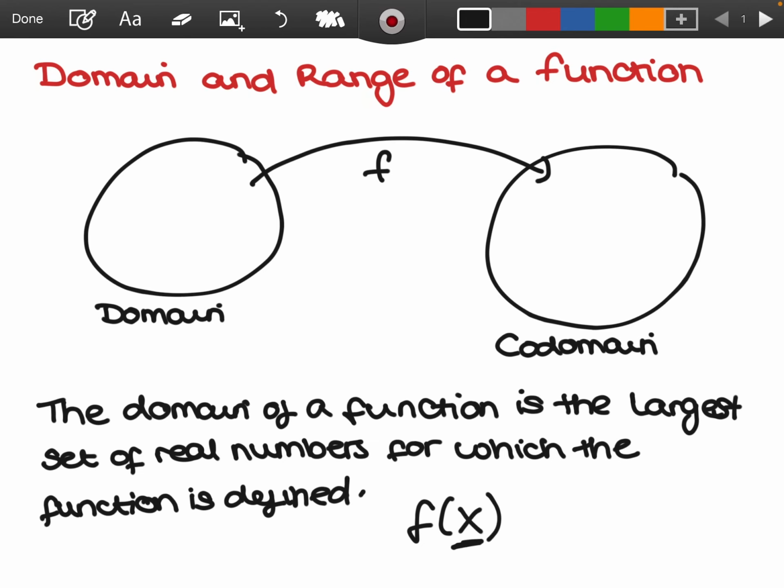There may be some x values for which that function is undefined and therefore cannot perform a mapping. We're going to look at some examples of functions to see what the domain of each function may be.